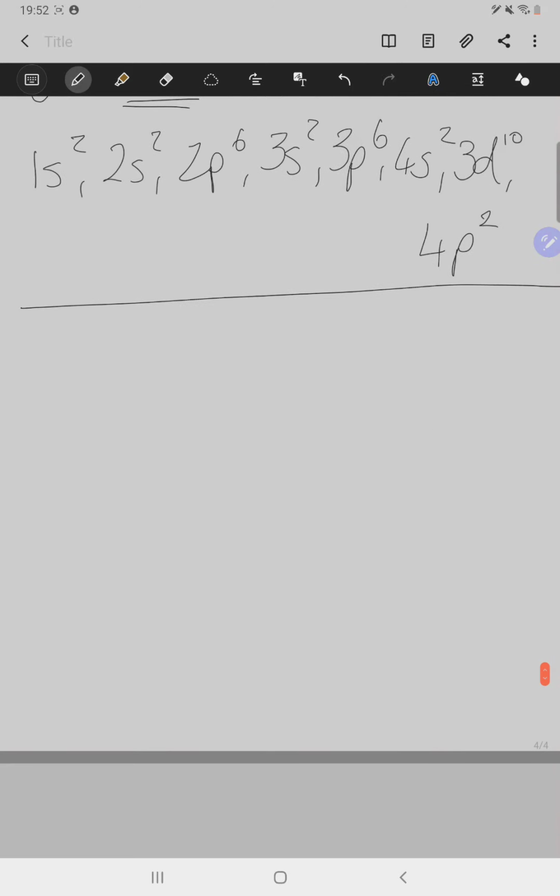And we can use that same rule to figure out what the element is based on its electronic configuration. So say if we have 1s2, 2s2, 2p6, 3s2, 3p2. So we know this is where it finishes. So it's in the third row, it's in the p block, and it's 2 into that one.